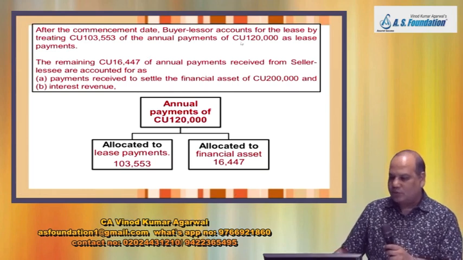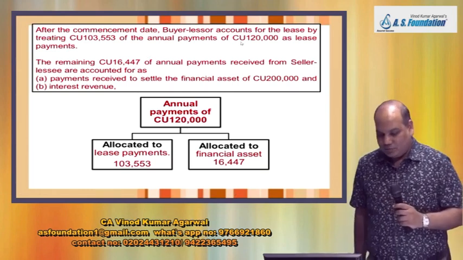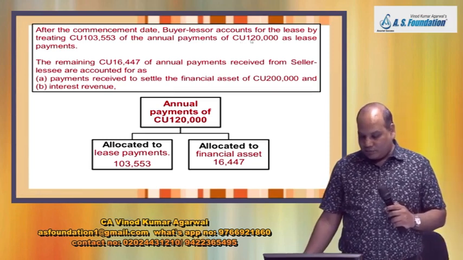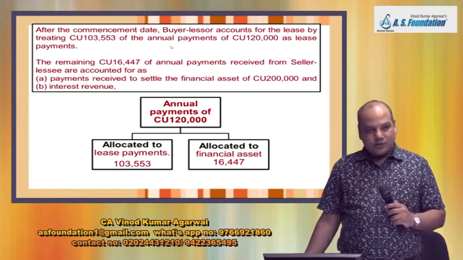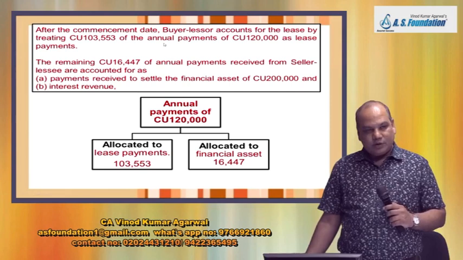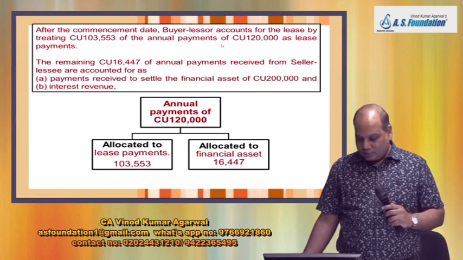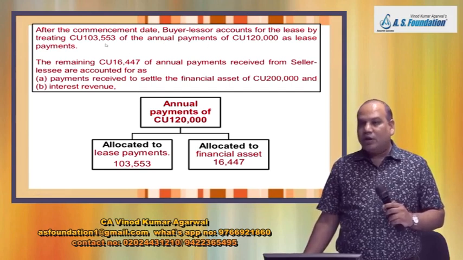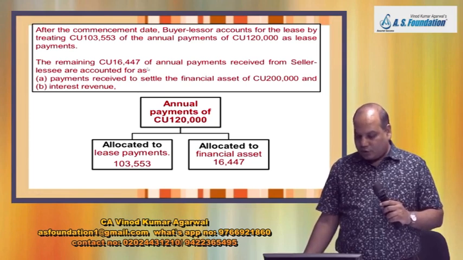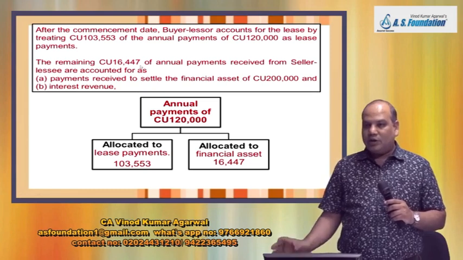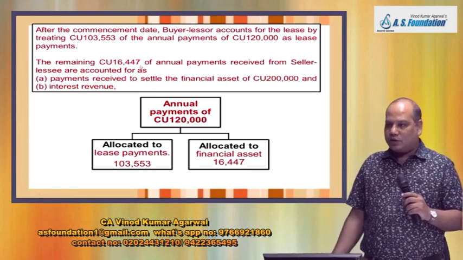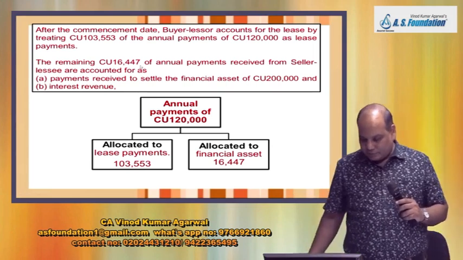Now next is just some additional discussion. After the commencement date, the buyer or the lessor accounts for the lease by treating 1,03,553 of the annual payment as lease payment, and the remaining 16,447 will be treated as amount paid towards the financial liability or financial asset.